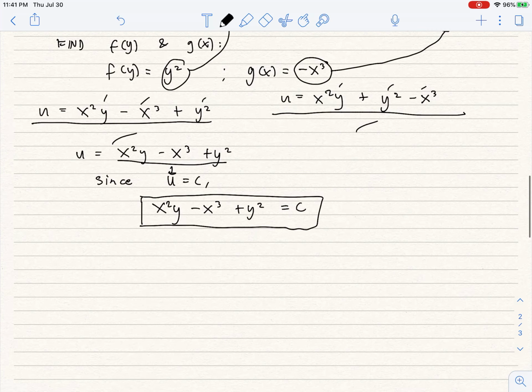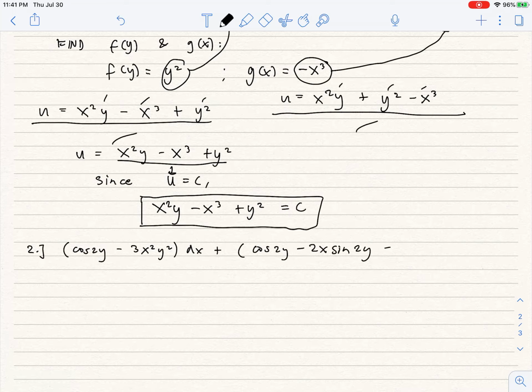Okay, so next example number 2. We have cosine 2y minus 3x squared y squared dx plus cosine 2y minus 2x sine 2y minus 2x cube y dy is equals to 0.